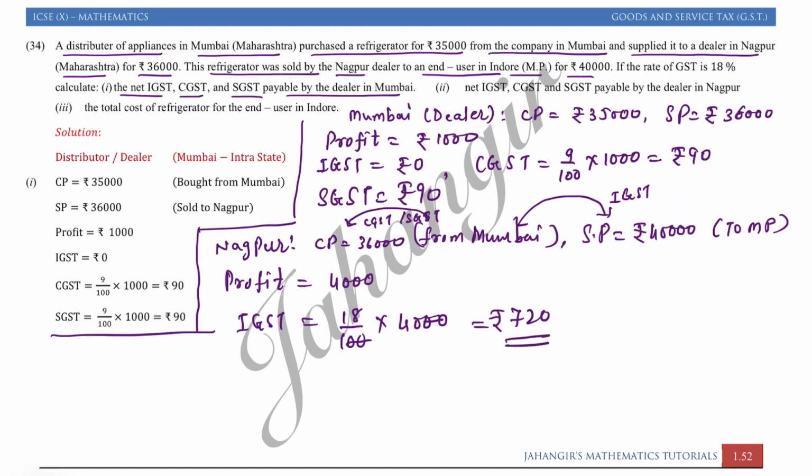So finally this Nagpur dealer has to pay rupees 720 as the IGST.